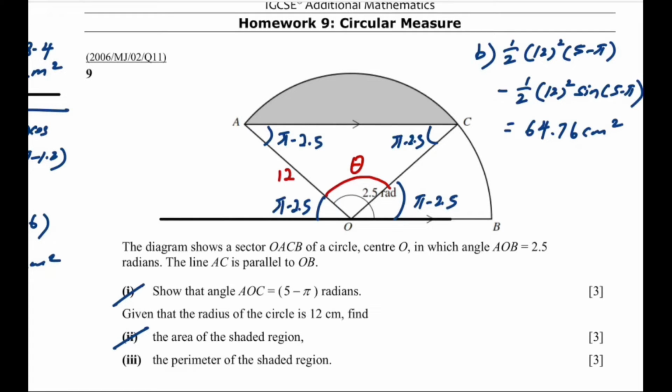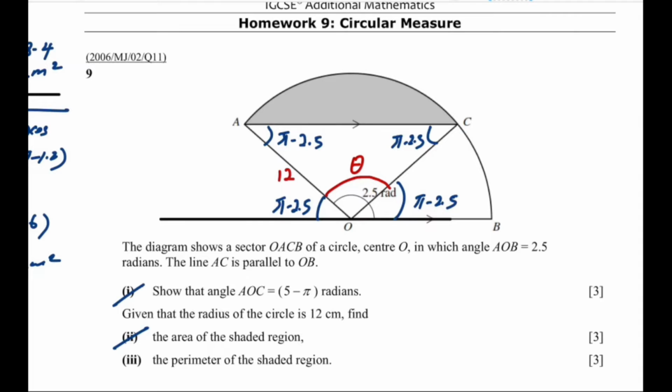Okay, then what else? We have the last question, the perimeter of the shaded region. So we need to find the arc here, so we can use r theta. We need to find the length here, we can use the cosine rule. Okay, alright, so let's work it out. First, we find the length of arc AC.